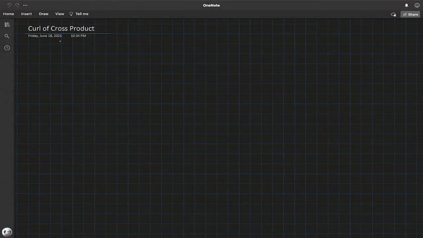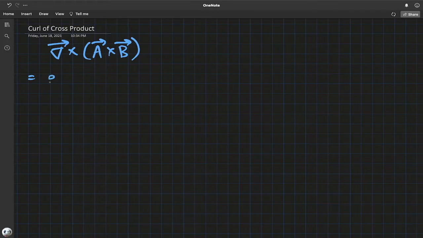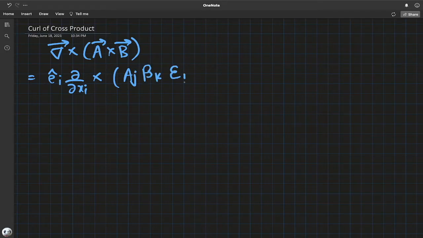Okay, what if we have the curl of a cross product? Again, subscript summation. AJBK epsilon JKL EL hat.